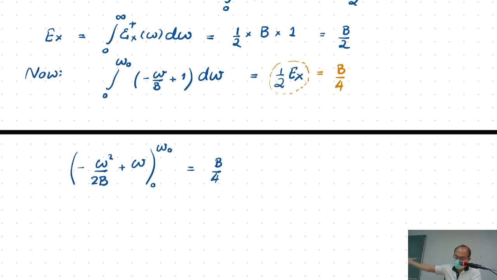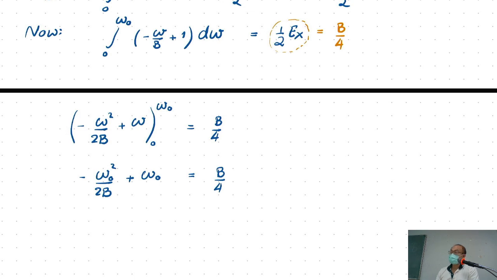Okay, and then we can plug in the upper boundary, right? Because the lower boundary is 0, that would give us nothing, so we could simply ignore the lower boundary. So plugging in omega 0, we have minus omega 0 squared over 2b plus omega 0 equal to b over 4. And this is just a quadratic equation, right?